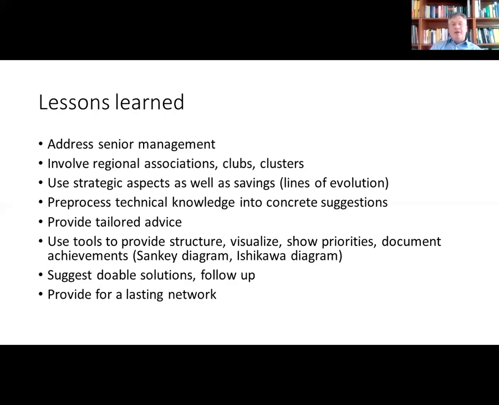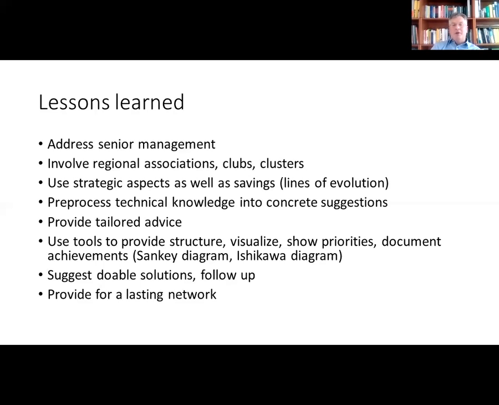One important finding is that we definitely have to pre-process collected technical knowledge into concrete suggestions to act like a funnel to provide tailored advice considering the actual situation of the company, its products, services, and processes.